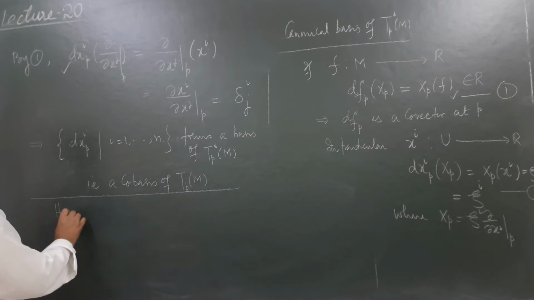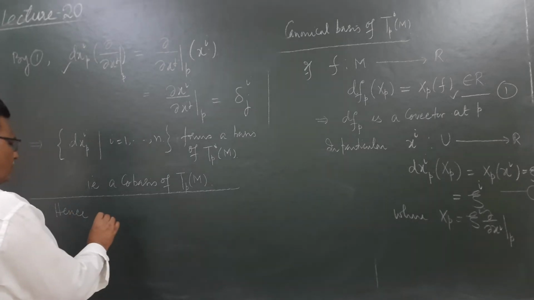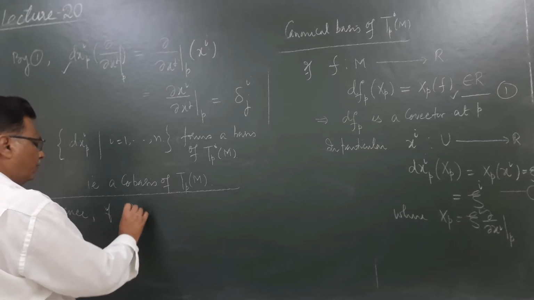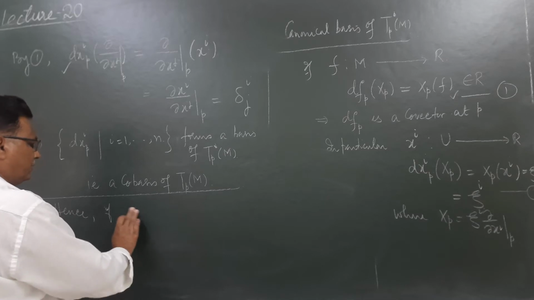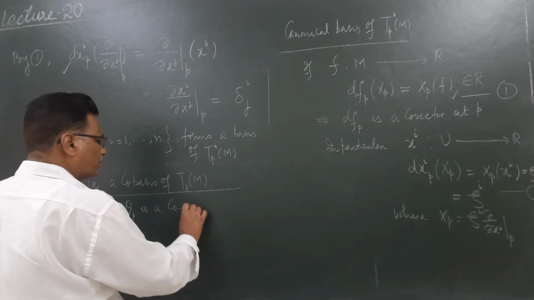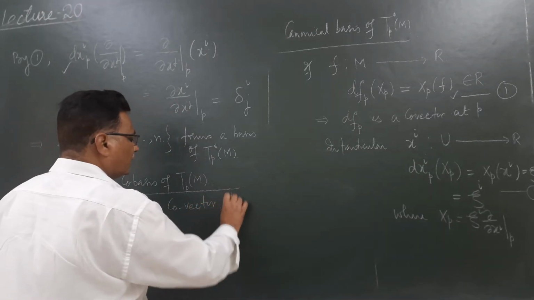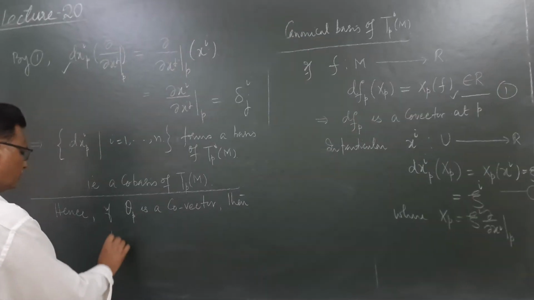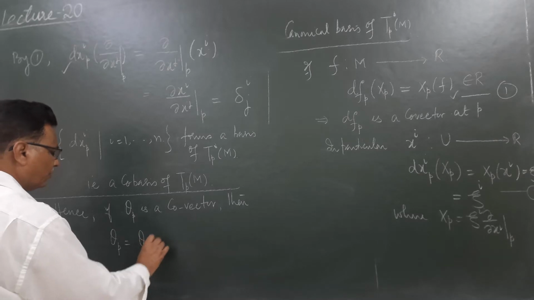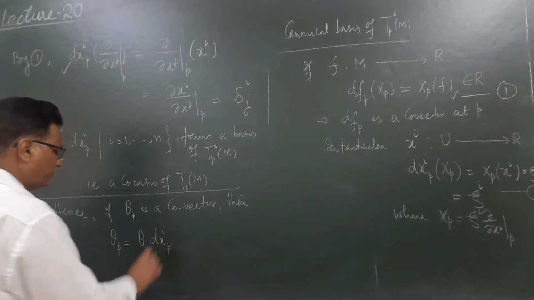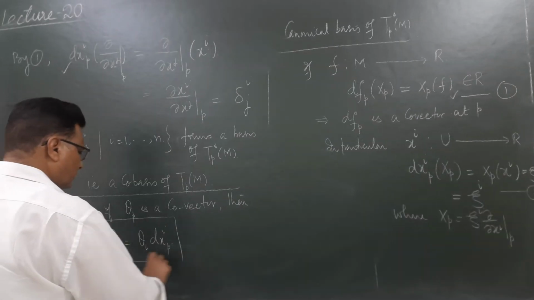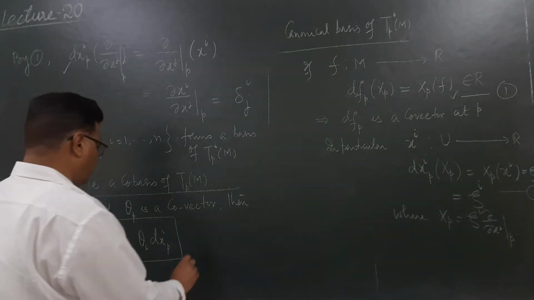Hence, if theta p is a covector, then we can write theta p as some linear combination of dxi, where this will be the local expression of theta p.